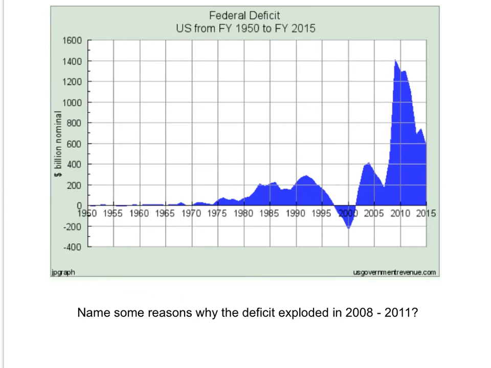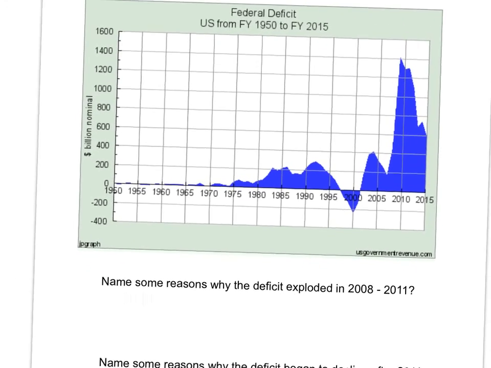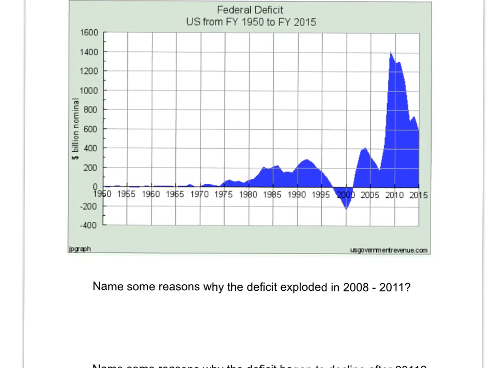Okay, I've kind of alluded to this, but here you can see the U.S. federal deficits from 1950 to 2015. These were the expected 2015 figures. And you can see that the U.S. federal deficit exploded between 2008 and 2011. So questions for you to consider: why is that?